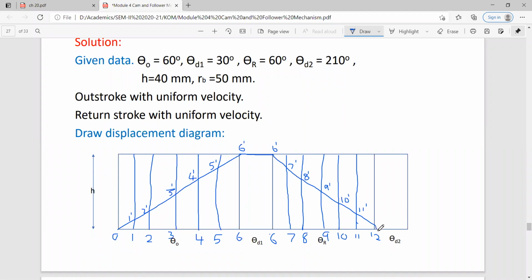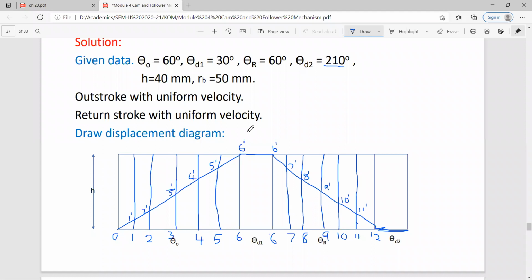So you can see that this length is not proportional to the value. This length we take as any suitable length, like this. So in the last session we have seen how to draw the displacement diagram in case of uniform velocity.